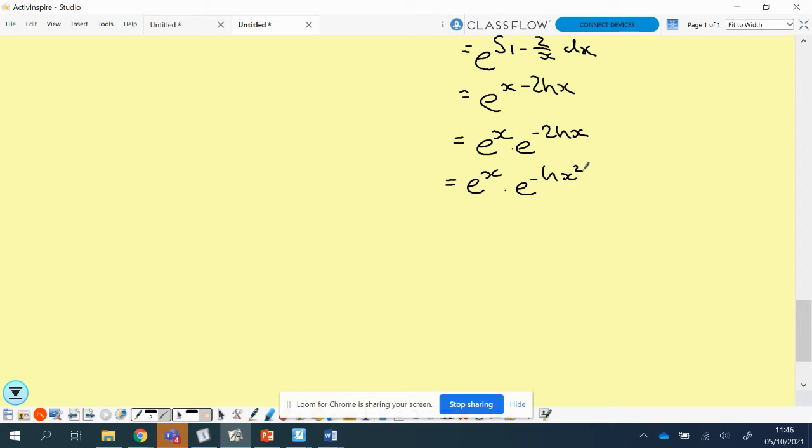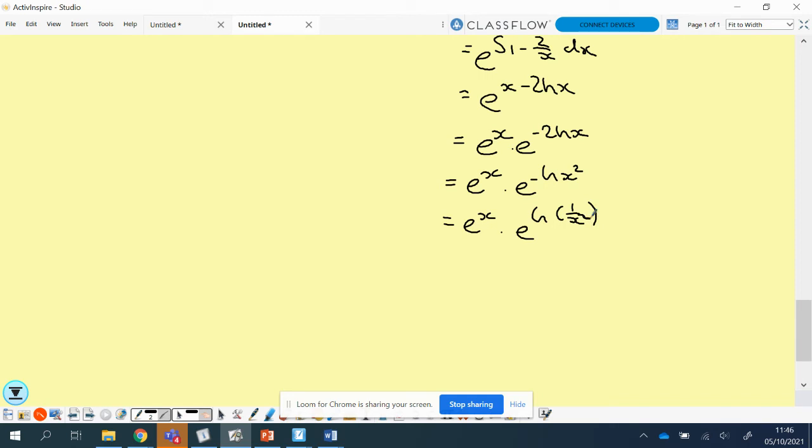Remember we can move the 2 up to a power when it's a log. And if I rewrite that a bit nicer, if I put the negative up as a power, negative 2, it would be log 1 over x squared like that there.